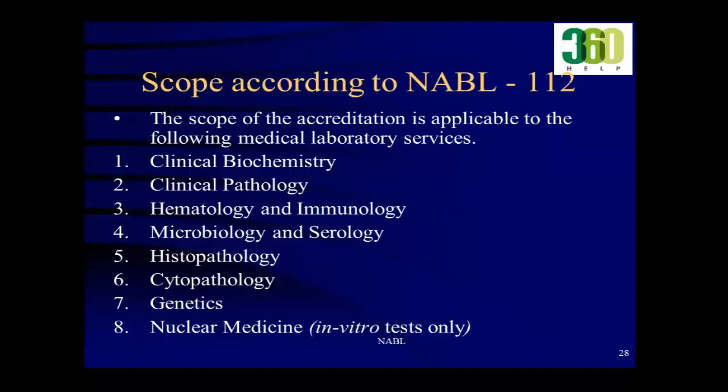Hematology and immunology, microbiology and serology, histopathology, cytopathology. They have been taken as two separate disciplines, histopathology and cytopathology, then genetics, and then nuclear medicine, right? So if you put the lab investigations, they have to fit into one of these specialties.